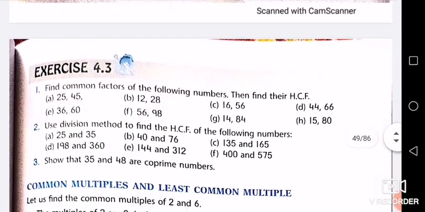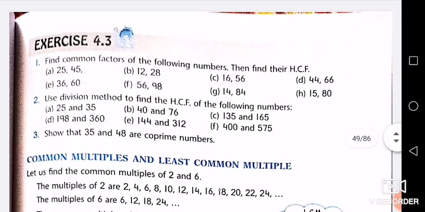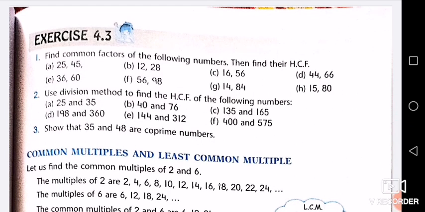So there is another method of finding HCF that we will discuss tomorrow. So let's do the questions related to our first method, that is HCF by finding common factors, the factor method. Now question 1 is: find common factors of the following numbers, then find their HCF. As I told you just now, sometimes it is given in the question to find the common factors.